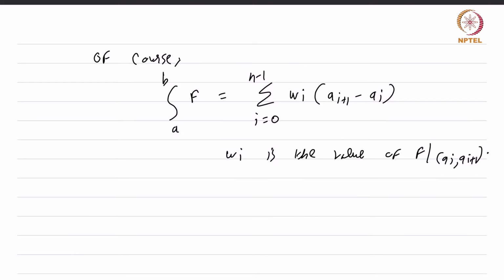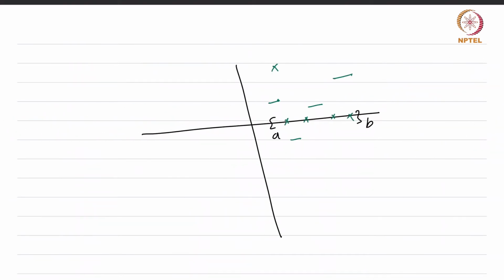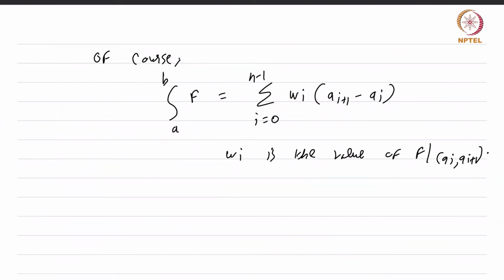This is easy to see if you are familiar with the Riemann integral. In fact, this also says that the Riemann integral of a step function is the sum of the areas of the various rectangles that are formed by the values of the function f. This is one rectangle, this is another rectangle, this is a third rectangle, and so on. A signed sum, of course.